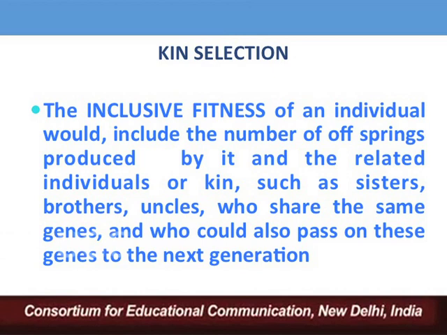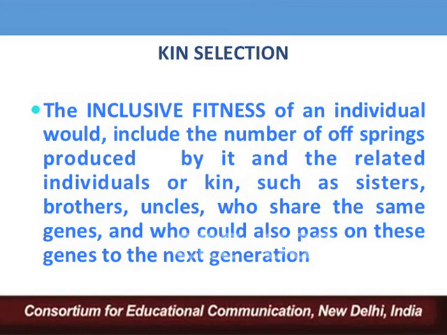The relatives, of course, share some genes with the organism. That's why it is termed indirect fitness, and it is a component of total fitness. Indirect fitness and direct fitness, when clubbed together, are termed inclusive fitness. So inclusive fitness comprises direct fitness, the number of young ones produced by the individual himself or herself, and indirect fitness, the number of offspring produced by the relatives of that individual.